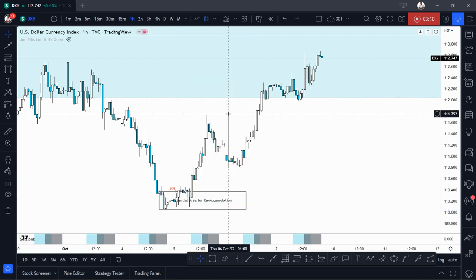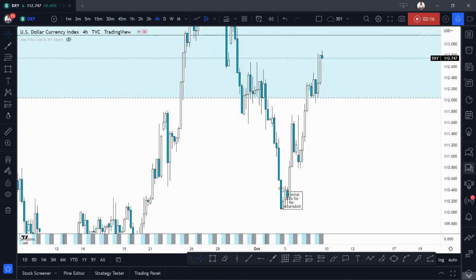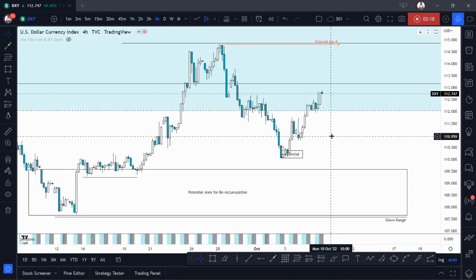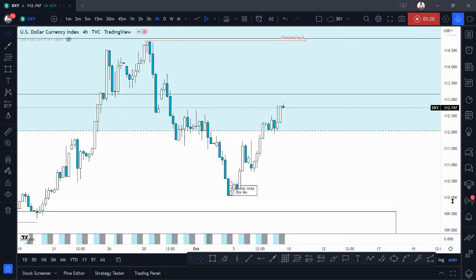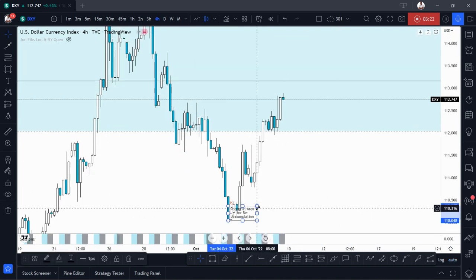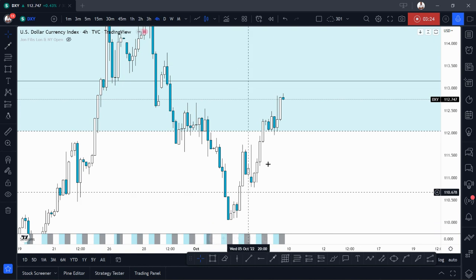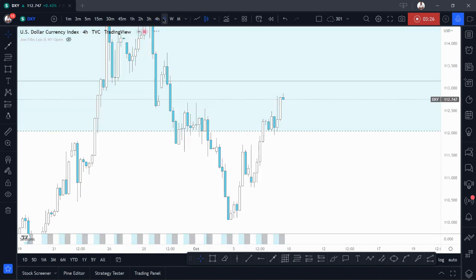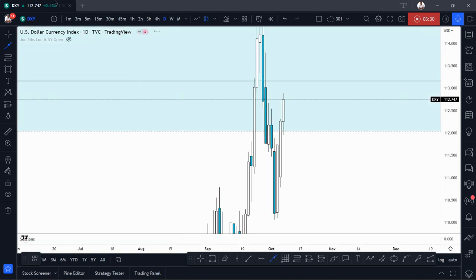Now, what do I expect now? Two things that I'm expecting is either looking at this 4 hour time frame, the fact that we've accumulated out of that zone already, right? And we've broken daily time frame counter trend structure.